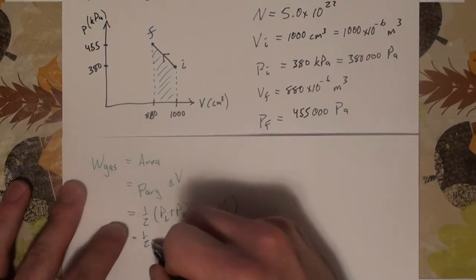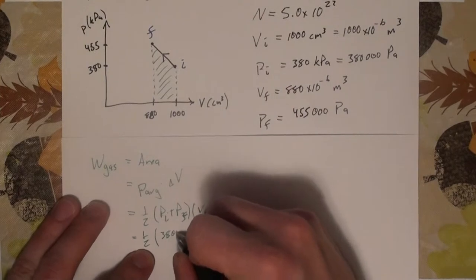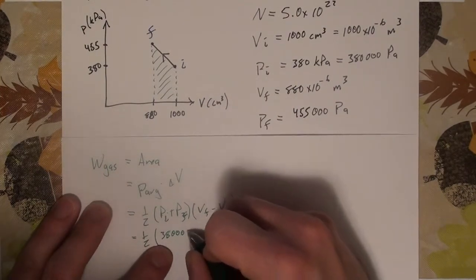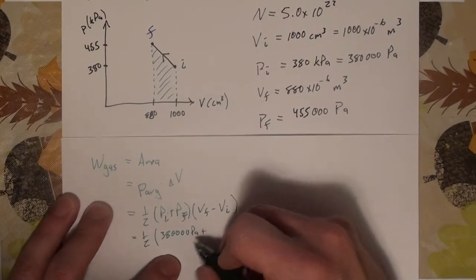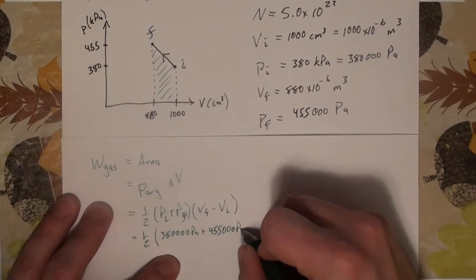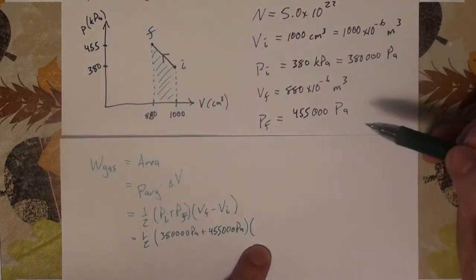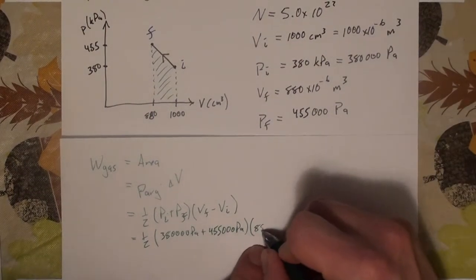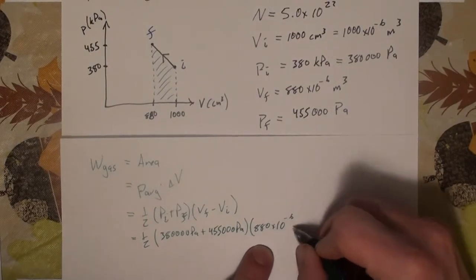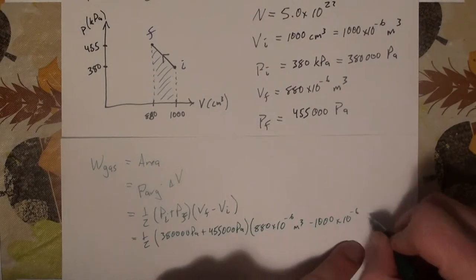That's 1/2, what was P initial? 380,000 pascals plus 455,000 pascals times the difference in the volumes, and now the order here matters. This is 880 times 10 to the minus 6 cubic meters minus 1,000 times 10 to the minus 6 cubic meters.